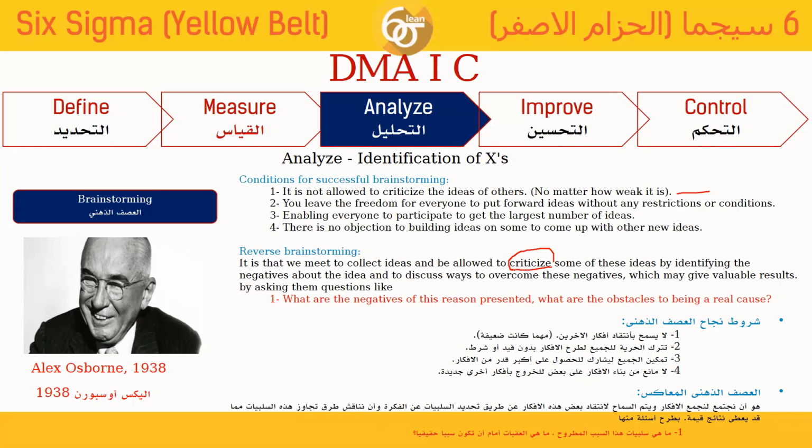So if Ahmed came with an idea in normal brainstorming, Nawaz should not criticize Ahmed's idea. But in reverse brainstorming, now he can criticize Ahmed's idea, build on it, and try to develop the same idea that Ahmed came with. So we identify the negatives about the idea and discuss ways to overcome these negatives. This is the same concept.